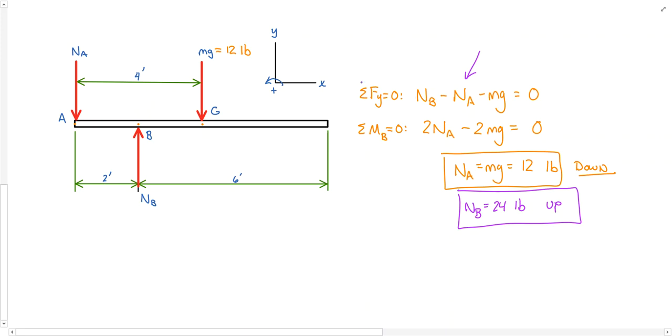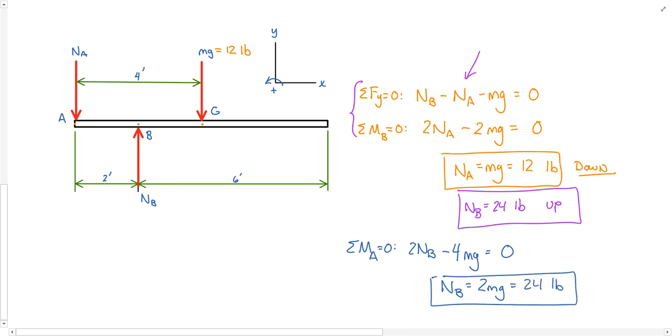Now, you didn't have to write these two equations. You could also have written the sum of the moments around A is equal to 0, in which case you have 2 times NB. That's going to produce a counterclockwise moment, and then minus 4 times mg is equal to 0. Which you can see that NB is equal to 2 times the weight, which is 24 pounds.